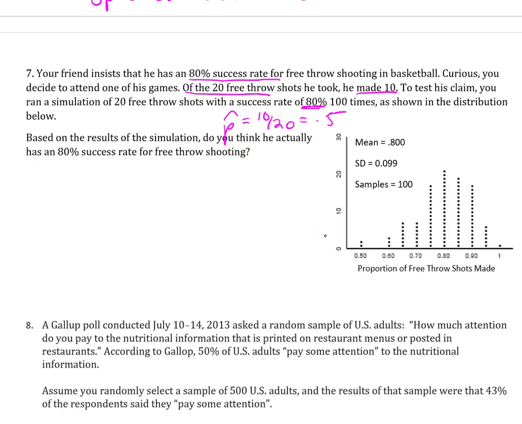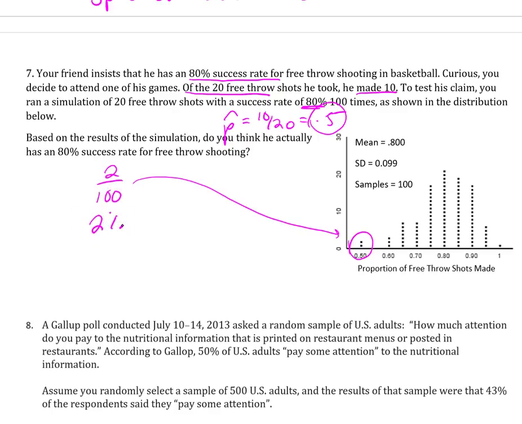Based on the results of the simulation, do you think he actually has an 80% success rate? If you just look at the simulation, this is what he did. What's reasonable for an 80% free throw shooter is more in this realm, okay? So I could take the mean, add or subtract 2 times the standard deviation and get a window, or simply just looking at this simulation, this is only happening 2 out of 100 times.